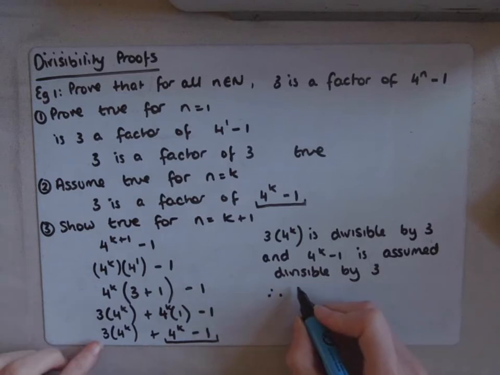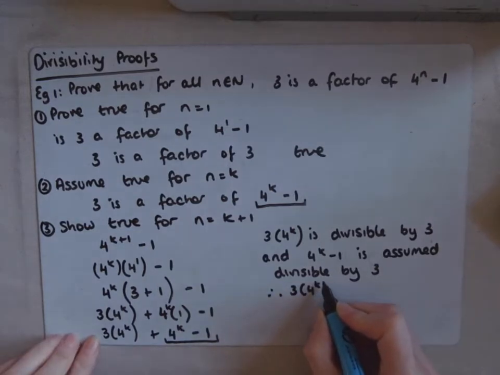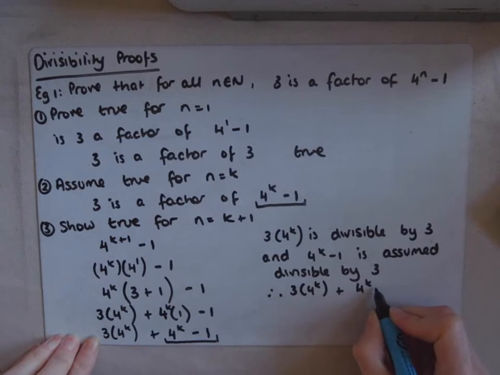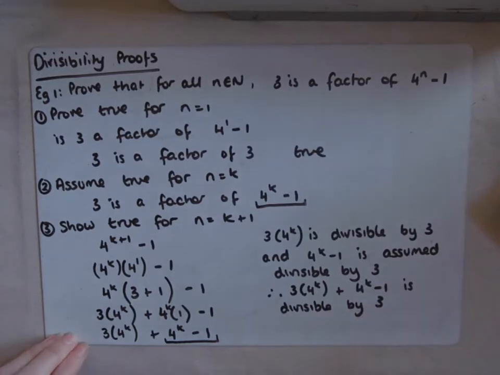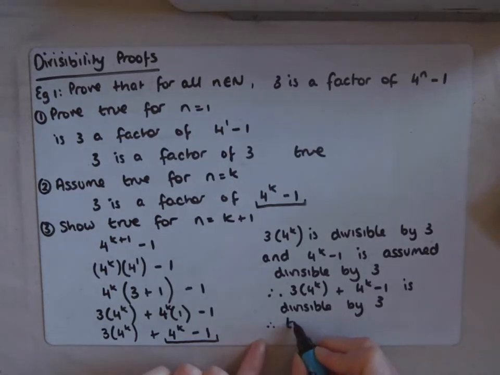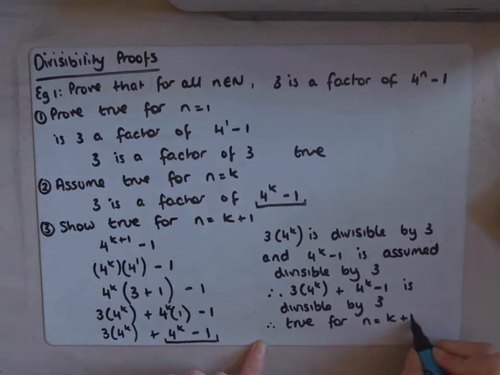Therefore, the whole thing is divisible by 3. So that means we have to do all the words again now. Exact same finish that we had for the last one. What we say here: therefore, true for n is equal to k plus 1. This is true.